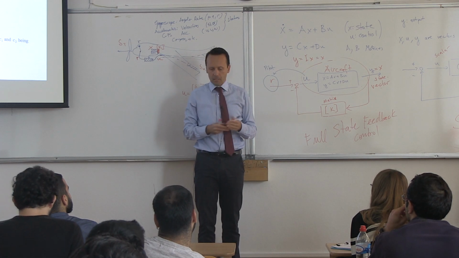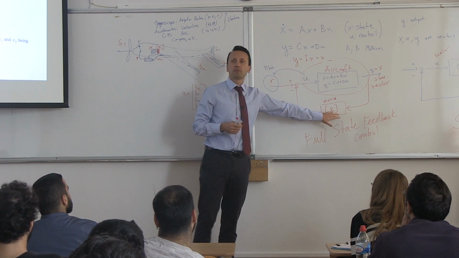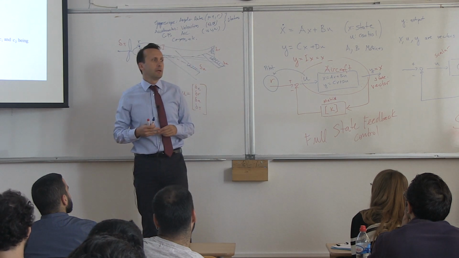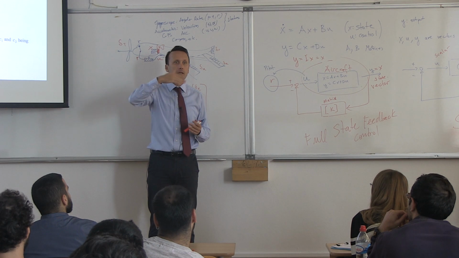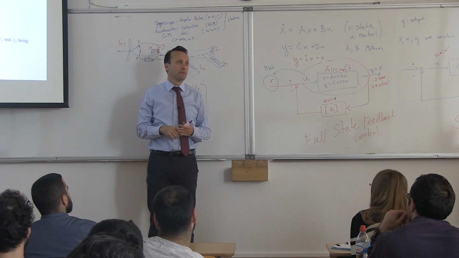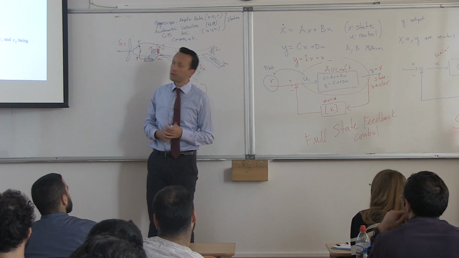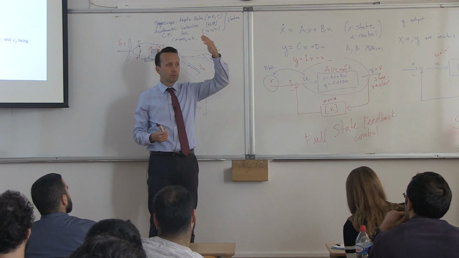Okay? Now, here would be a question, of course. Is this K matrix here a constant matrix? The answer is, most of the time, no. We need to change it during flights in different flight regimes. If you're flying fast, it will be different. If you're flying slow, it will be different. If you're flying high, low altitude, high altitude, right?